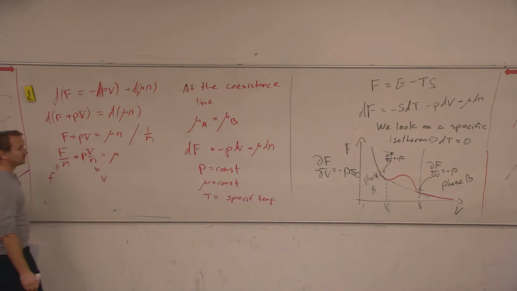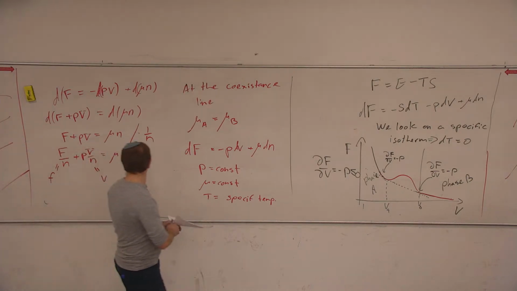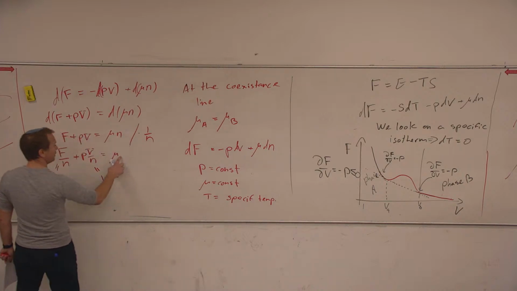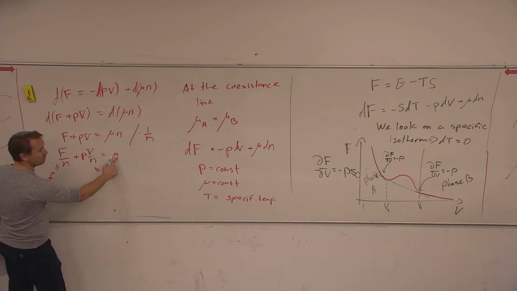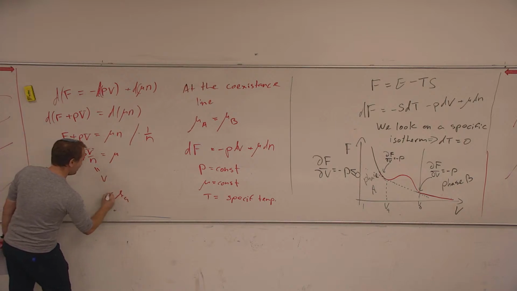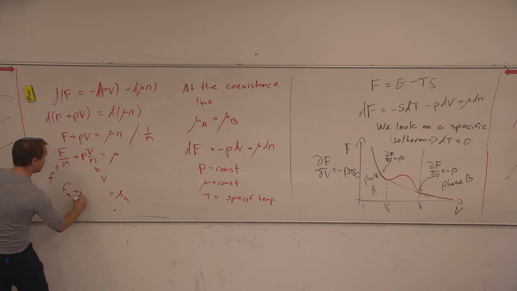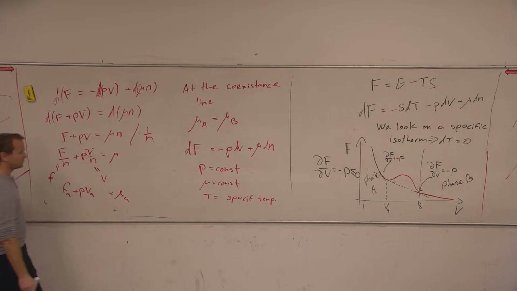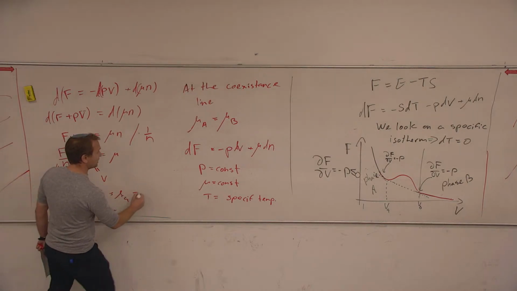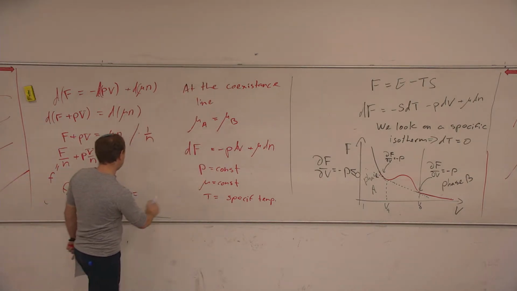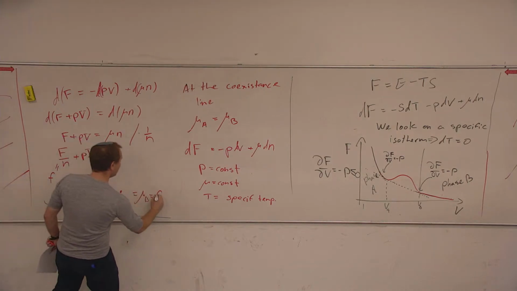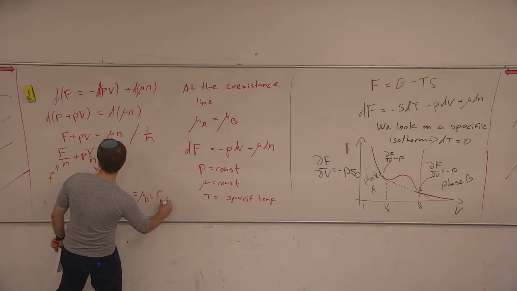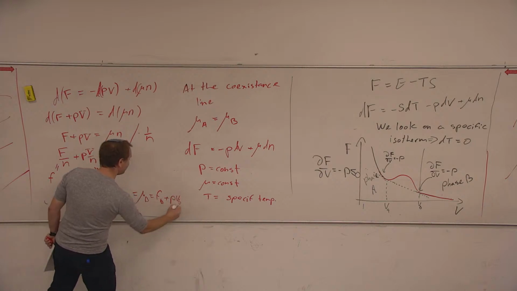It's a small v, a specific volume or a volume per molecule. Now this is mu. So let's, for example, look at mu at position A. So mu A equals fA plus P vA. From the other point, because mu is constant and mu A equals mu B, it equals, according to this equation, fB plus P vB.